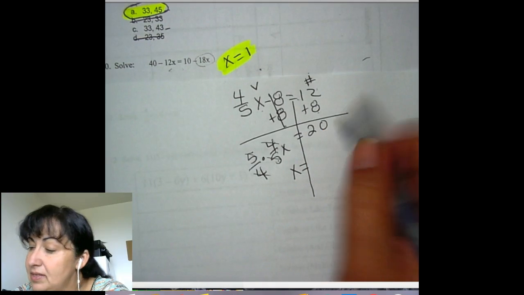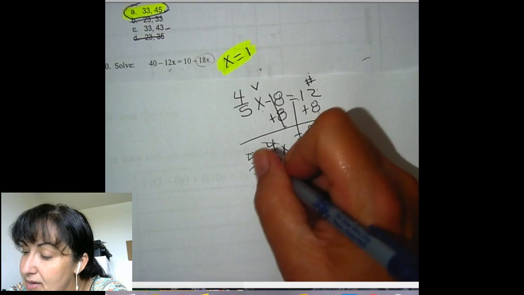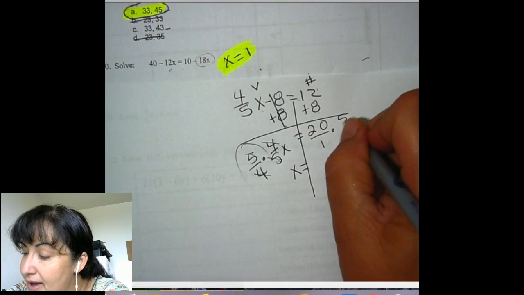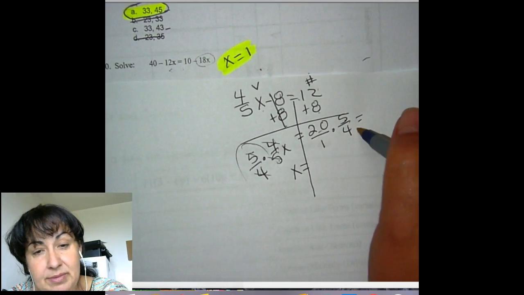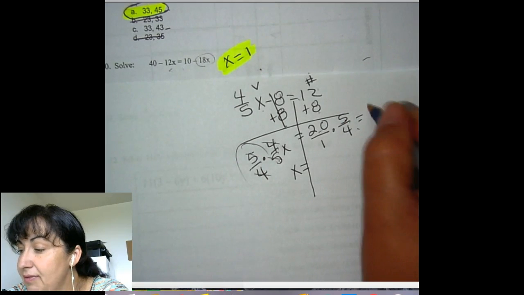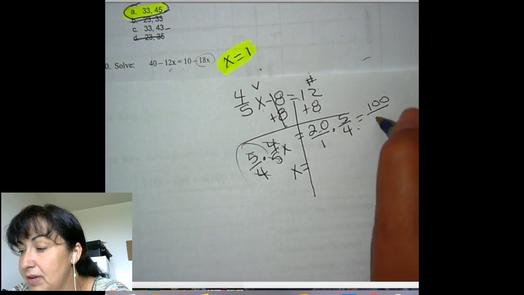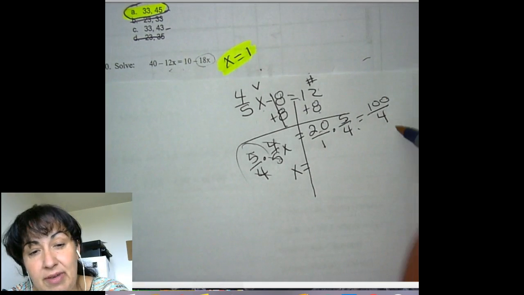Okay. So this side over here, I'm going to take 20/1 times 5/4, which is what I multiplied, right? So I multiply top times the top, bottom times the bottom, numerators times denominators. So 20 times 5 is 100. 4 times 1 is 4. So x is equal to 100 divided by 4.